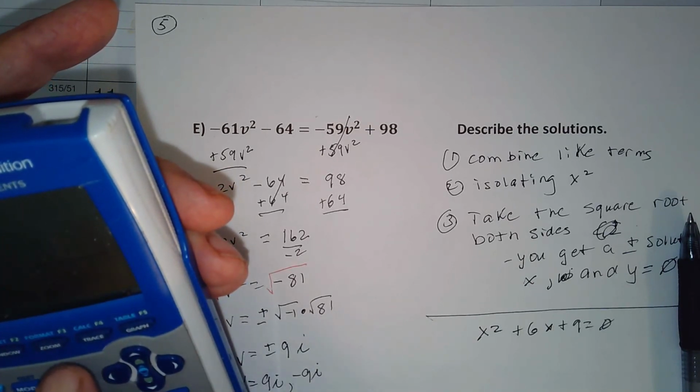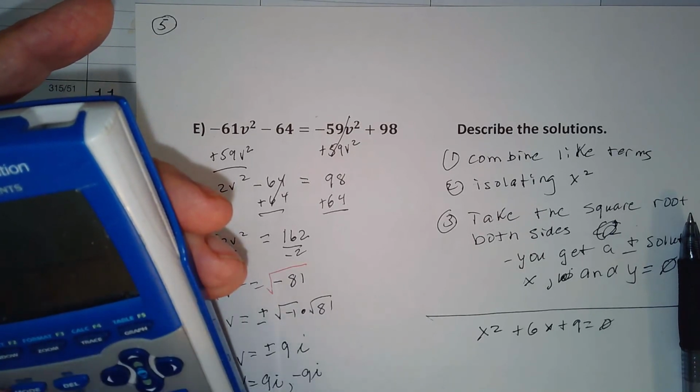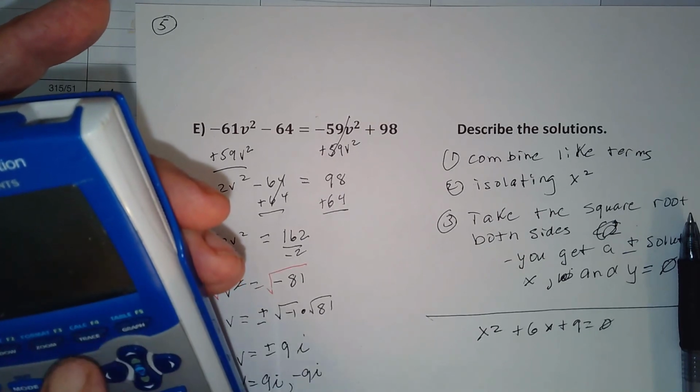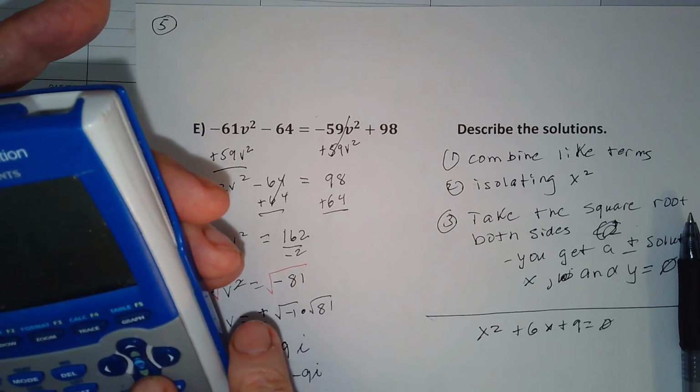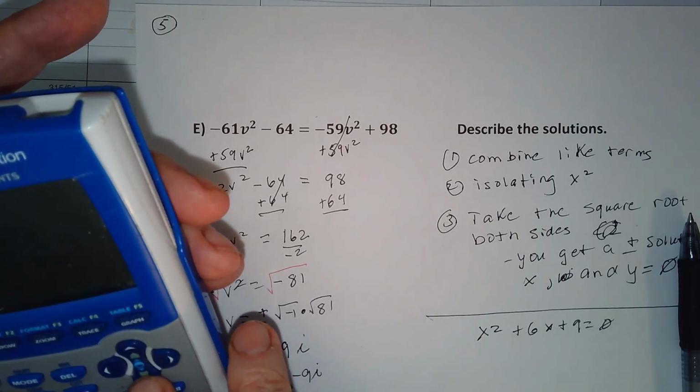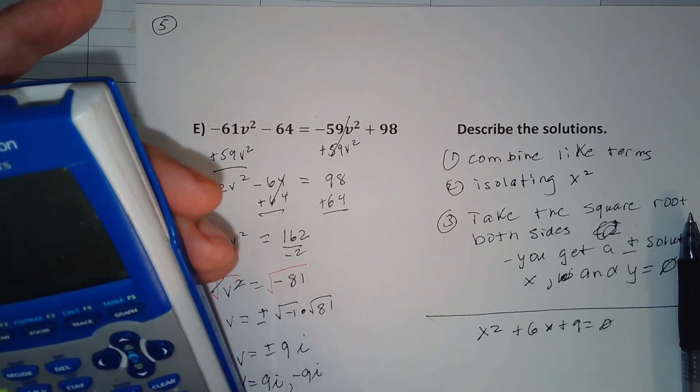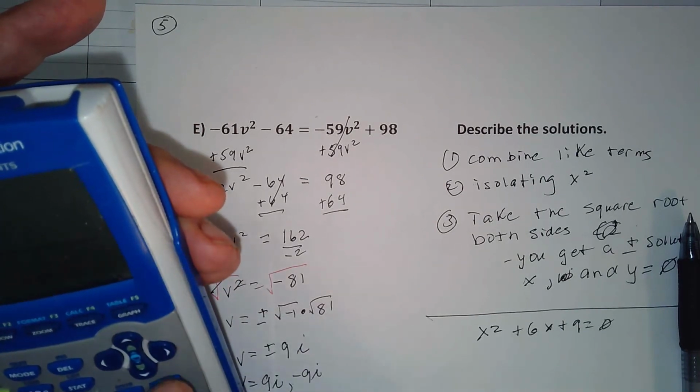I think I've got to do calc first. So, calc, and then I want the zero. Okay, hit enter. Okay, left bound.